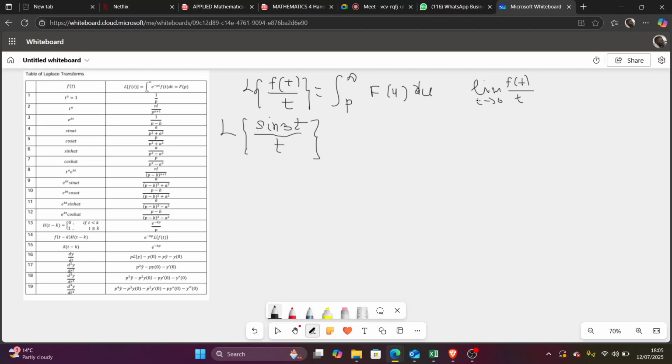How do we do that? Simple. You just call limit of chi moving towards 0 of sine 3t over chi. So what does it mean? Where there is chi, you replace by 0.